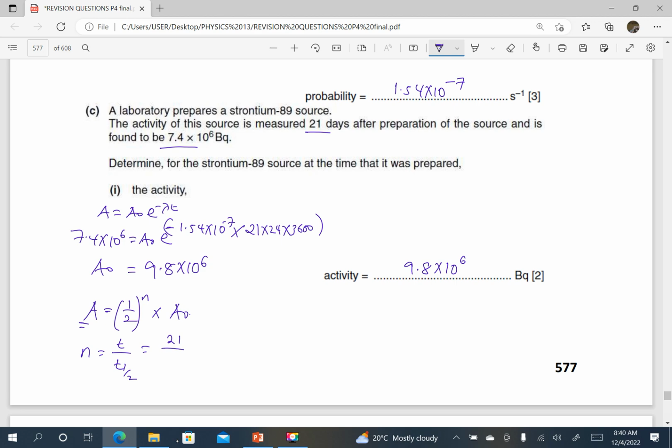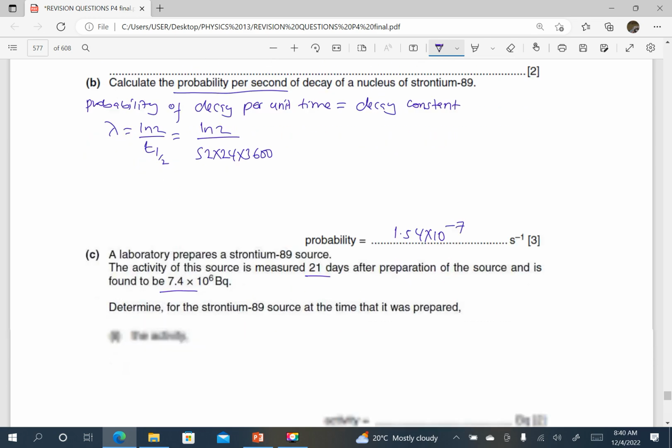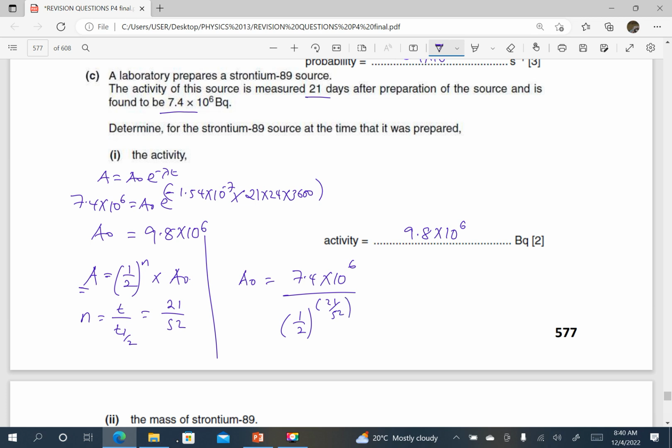The half-life is 52 days. So this is 21 over 52 days. So I just substitute. A naught is going to be equal to A, which is 7.4 times 10 power 6 divided by a half power n, which n is 21 over 52. So that is an easy mathematics.